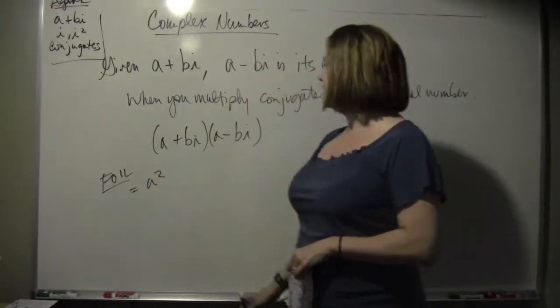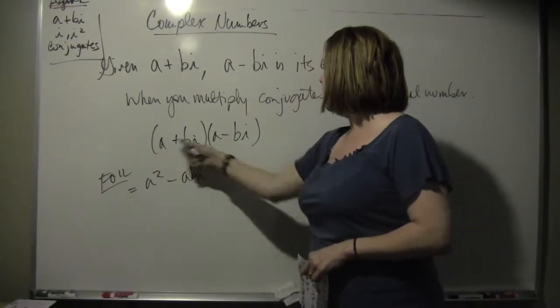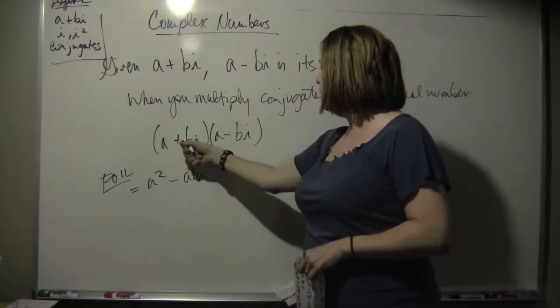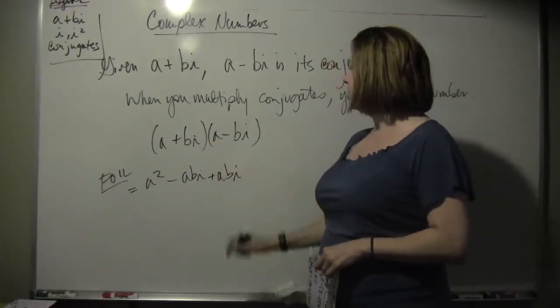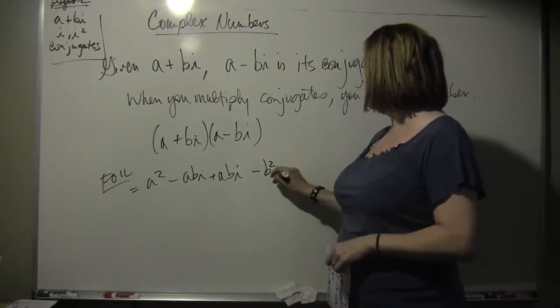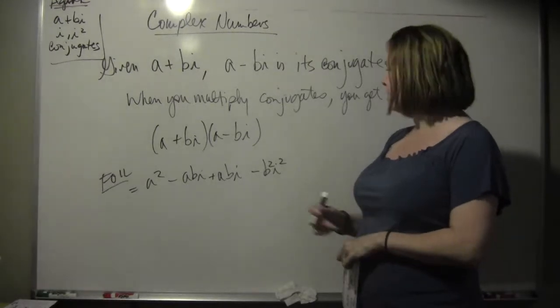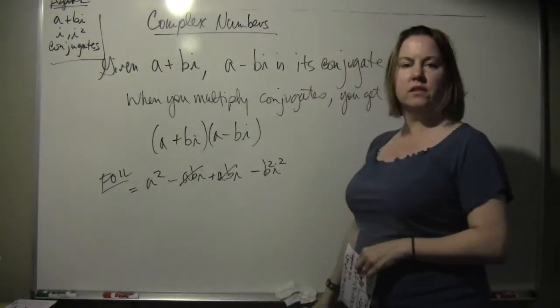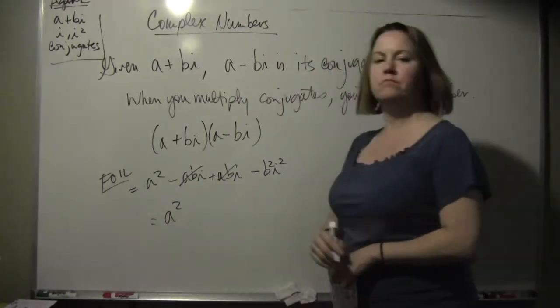First, outer, inner, last. a squared minus abi plus abi. Okay? And then this is going to be minus b squared i squared. Okay? So these cancel out because one's plus, one's minus. The a squared comes down.